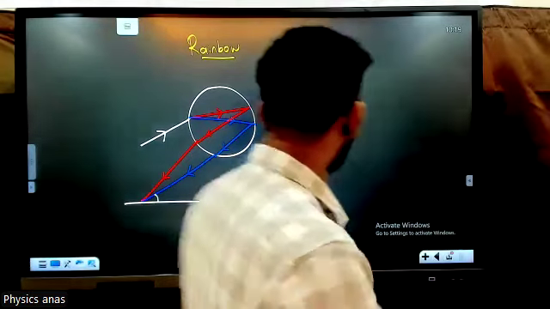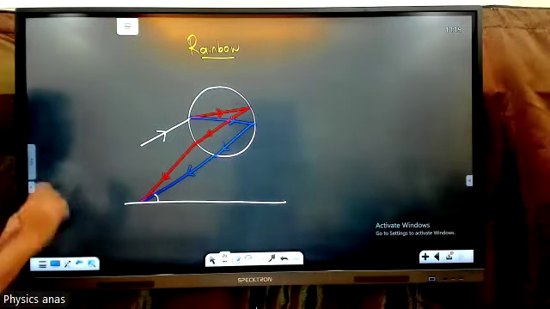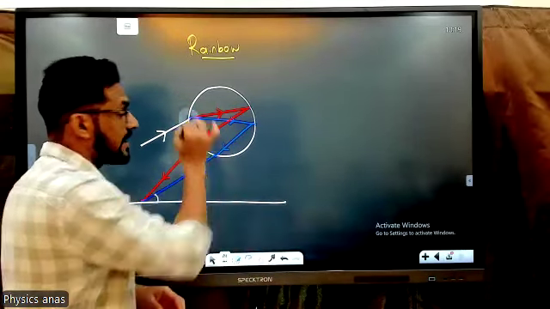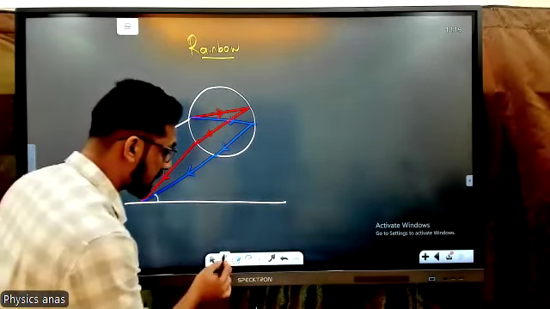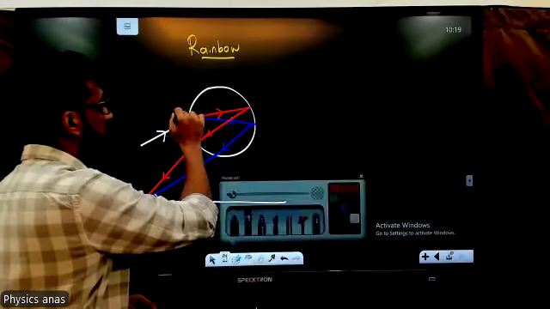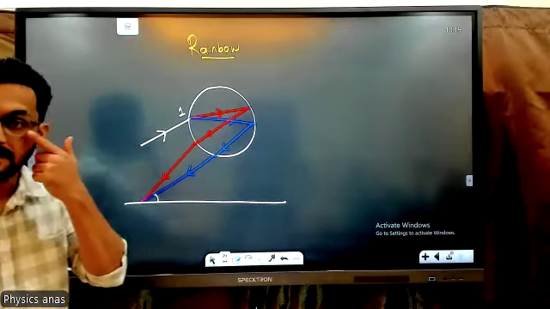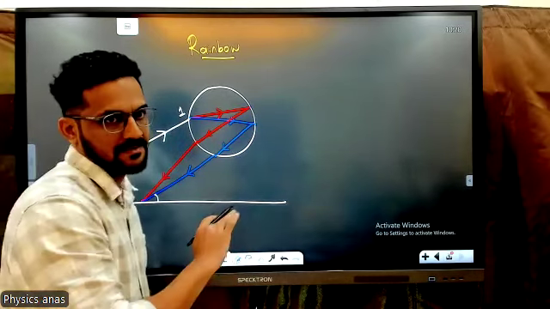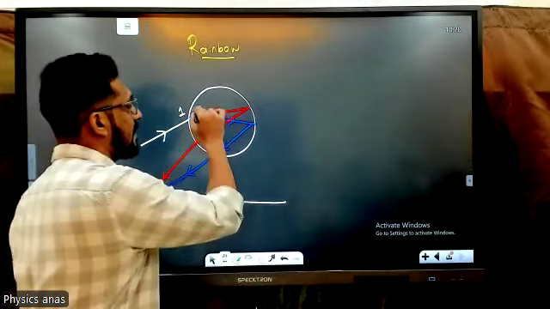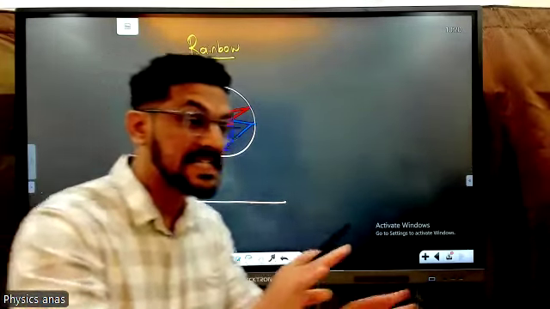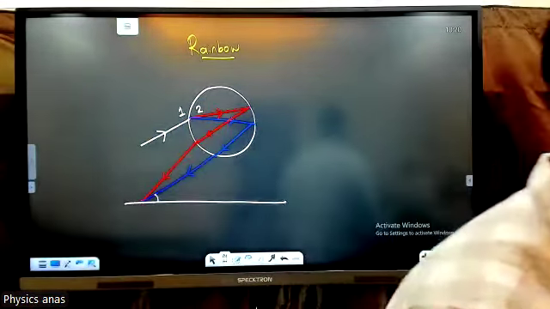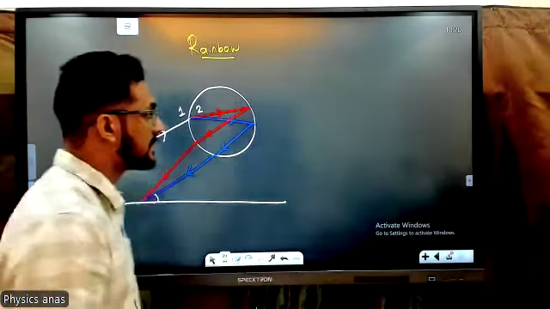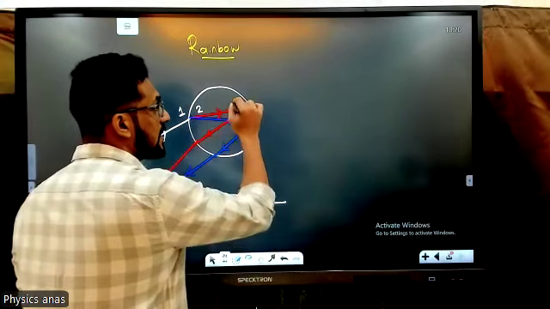Okay, so how is the rainbow formed? When white light enters a raindrop, first a refraction happens. Then dispersion happens, the splitting up of these colors. The colors are split, and the colors get internally reflected.